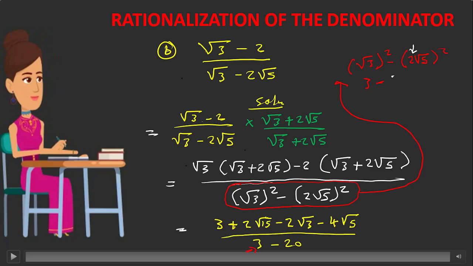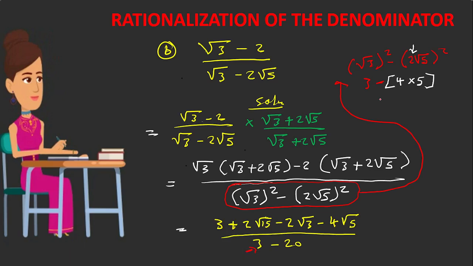Then you have 3 minus, then what is inside? 4 times 5, it's simply 20. So this 20 has come from there, and the 3 has come from there. Have you understood that part? Yes. Okay. Any other question, ladies and gentlemen? Feel free to ask.